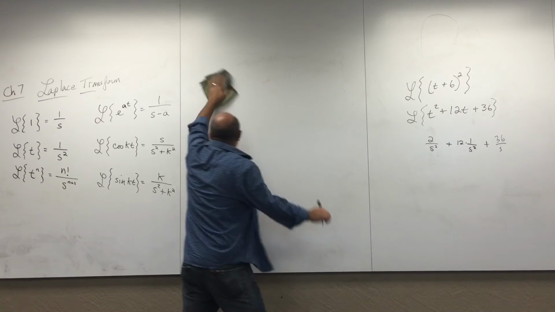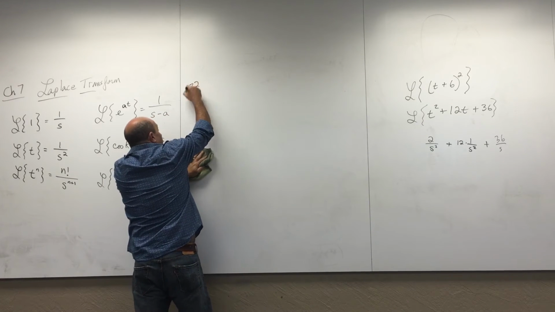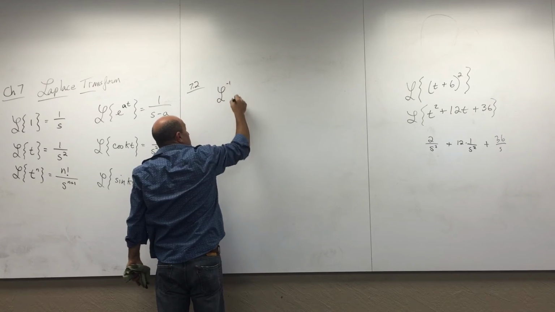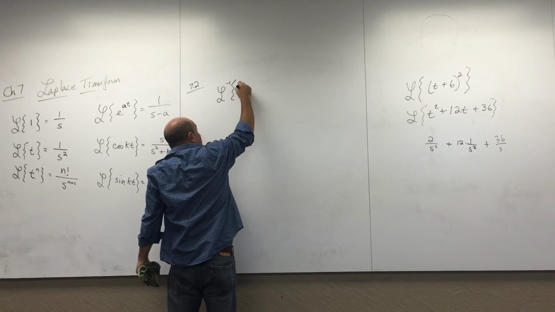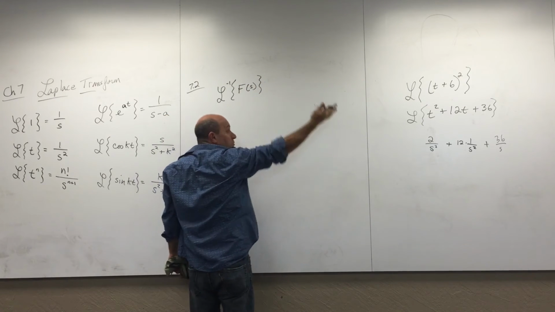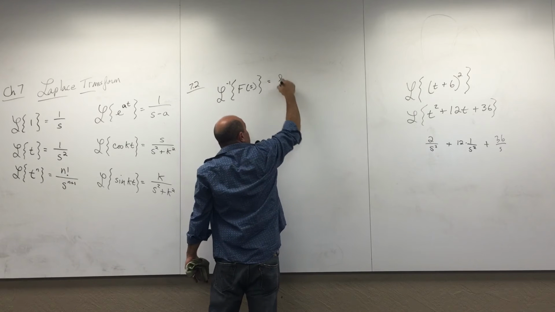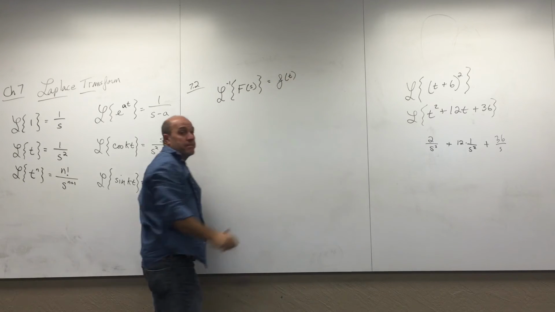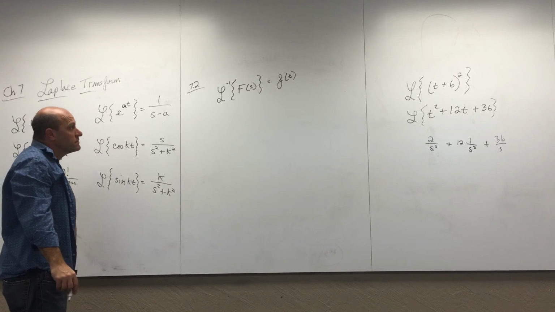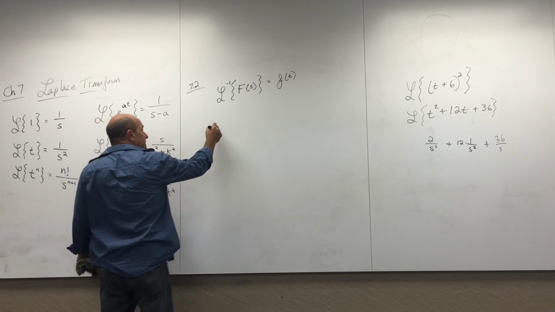So as I ease into 7.2 then, I'm doing a Laplace inverse. So it's called Laplace inverse. And so now when I do the Laplace inverse, it'll be the Laplace inverse of some f of s, and it'll bring me back to f of t. You know? So let's see, can we try one?